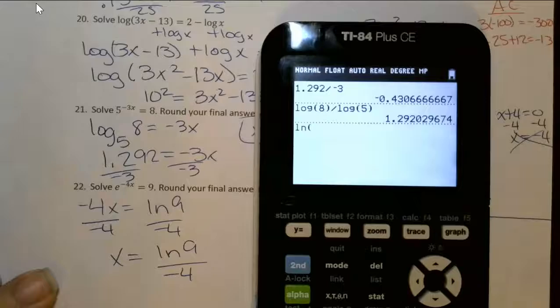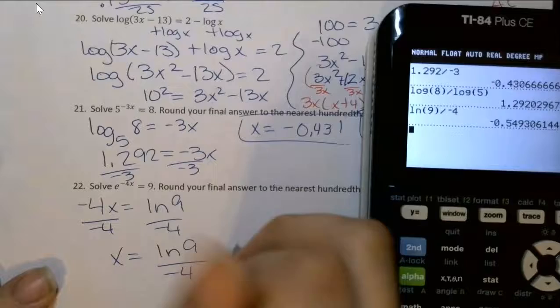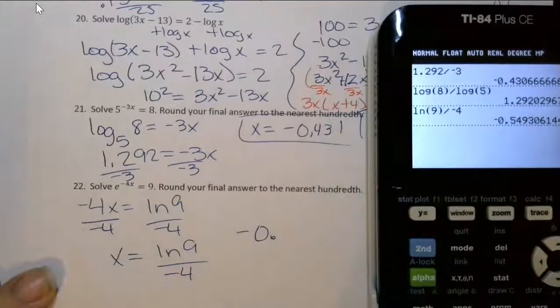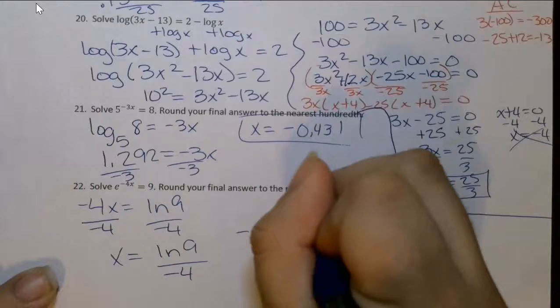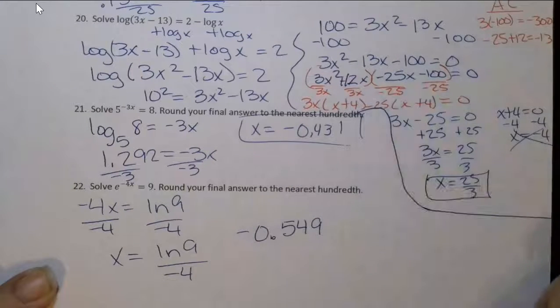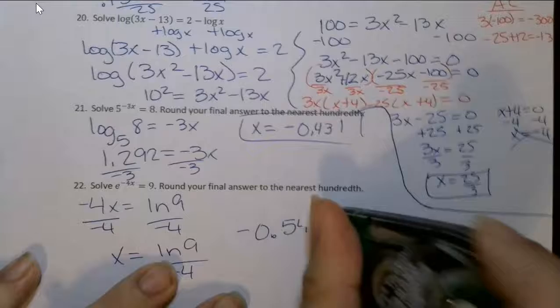So I have ln 9, close off my parentheses, divided by negative 4, and then nearest hundredth, so I have negative 0.549. Hundredth is actually the place before it, so 0.55.